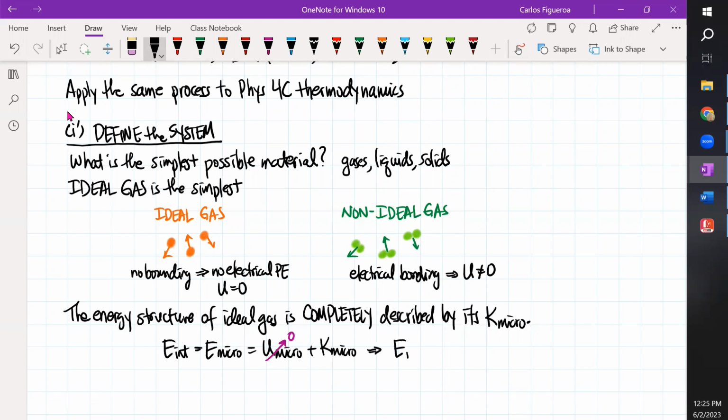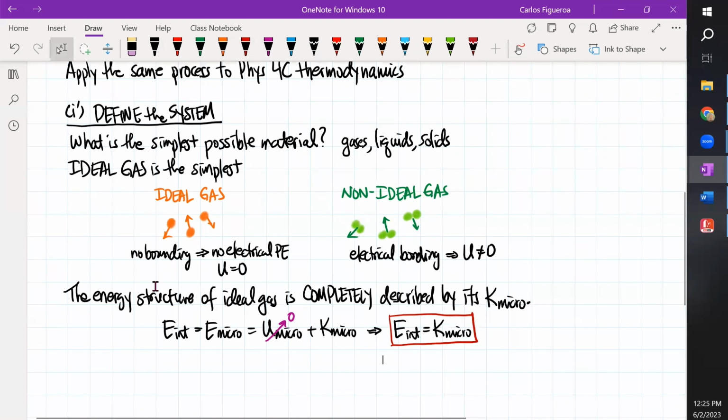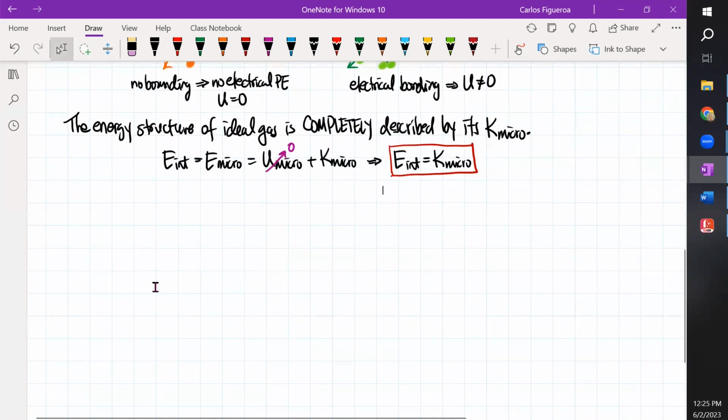So therefore, the internal energy is only described by its micro potential energy and nothing else. I think I said micro potential energy. I meant kinetic energy. That is a big deal. To not have electrical potential energy in this process really simplifies the problem quite a bit.